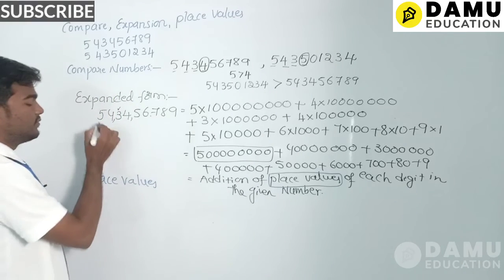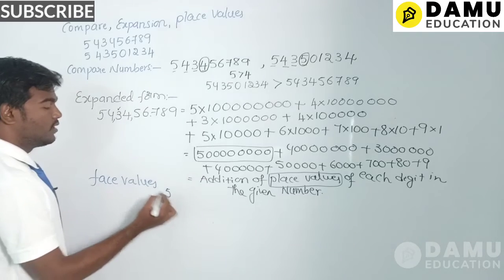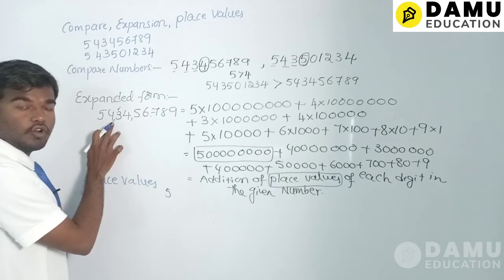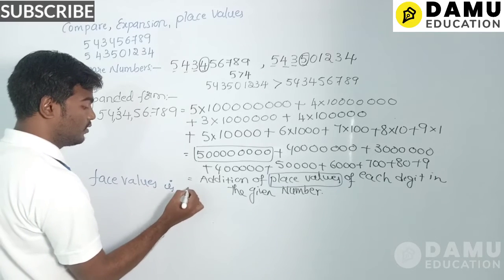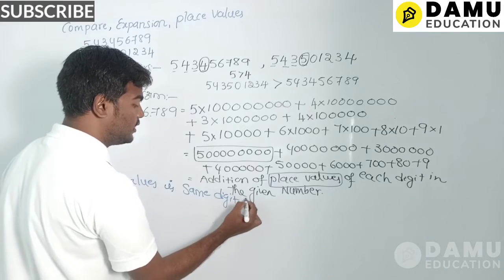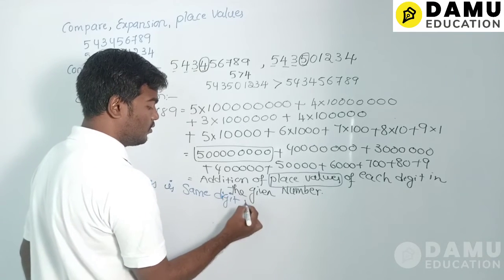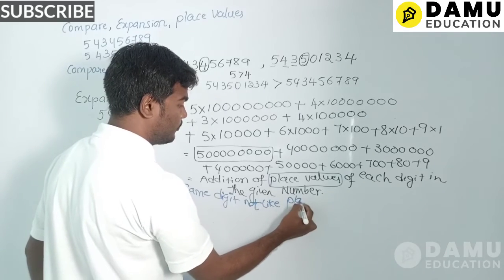What does face value mean? For 5, 5 only. For 4, the face value is 4 only. So face value is the same digit, not like place value.